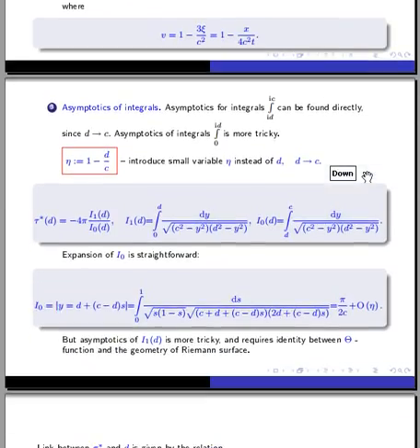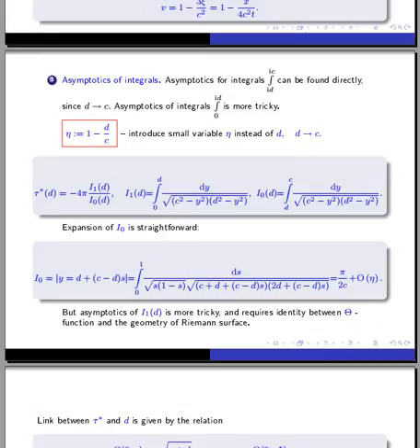We need to study the asymptotics of a number of integrals. Some of them are calculated straightforwardly, and for the others we need to use some tricks.